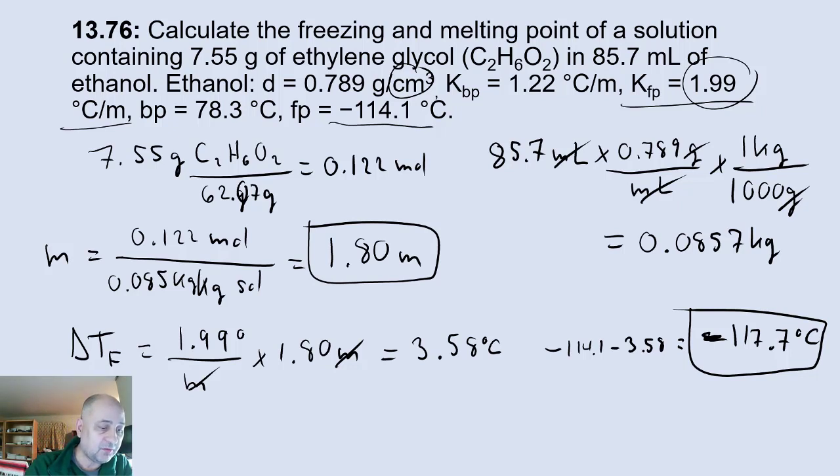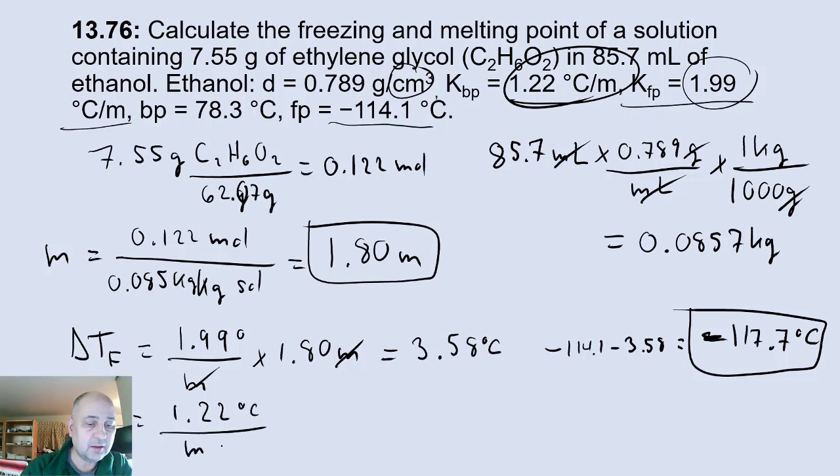Boiling point, very similar. The factor is 1.22 degrees per molal, times the same molality, and that's slightly lower. It is 2.19 degrees. That's how much it goes up by.